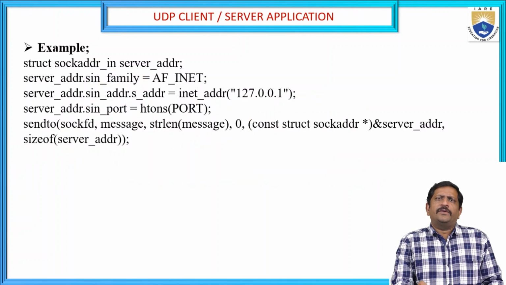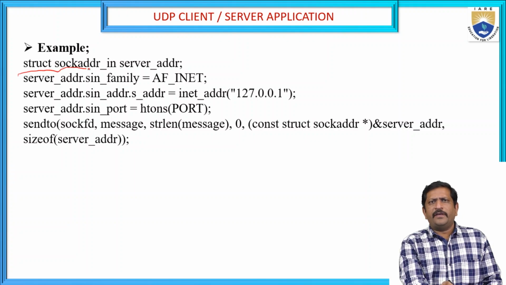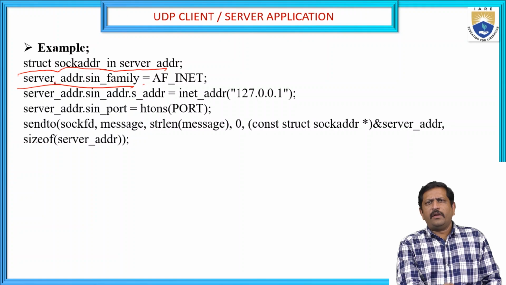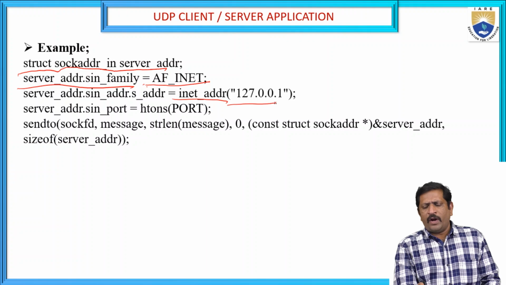For example, we are utilizing the structure as the data type for specifying the socket address. server_address.sin_family is assigned AF_INET. Also server_address.sin_addr.s_addr is the INET address, 127.0.0.1.